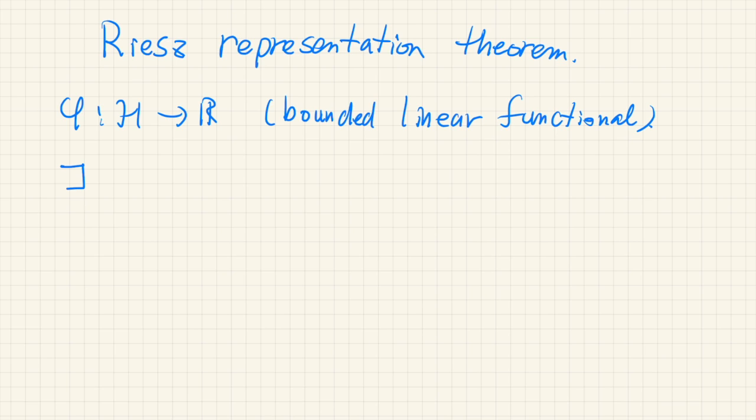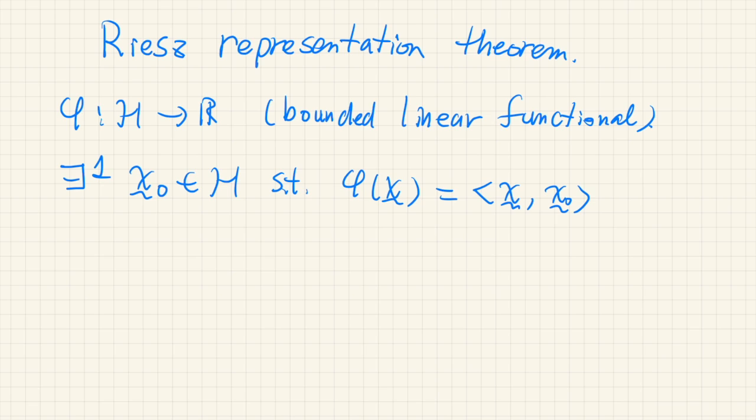Then there exists a unique element x0 in the Hilbert space such that phi of x is represented as the inner product between x and x0 for any element x in the Hilbert space. So any bounded linear functional is essentially an inner product.